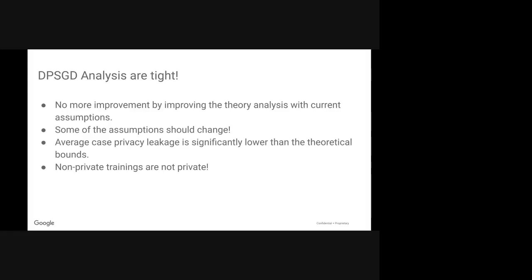Question. Nice results. I'm not too surprised by the result on batch norm. At the same time, I don't quite know what to do about it. Should we stop using batch norm? Should we tweak it, complement it with something else? Or what do you think? So I think there are some ways to at least try to make it differentially private.